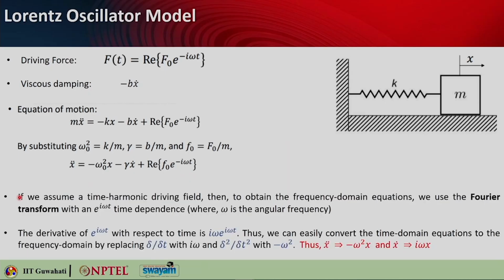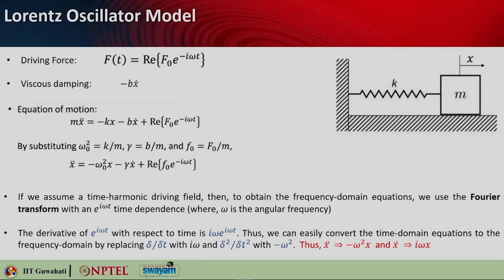If we assume a time harmonic driving field, then to obtain the frequency domain equation, you can use a Fourier transform with e to the power minus i omega t time dependence, where omega is the angular frequency. If you take the derivative of e to the power minus i omega t with respect to time, you get i omega e to the power minus i omega t. In a few books they call it j omega; i omega and j omega are the same thing.